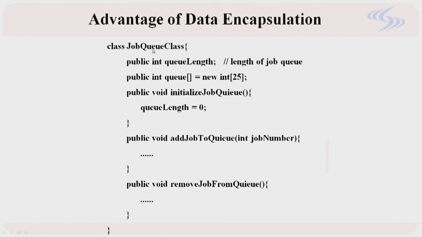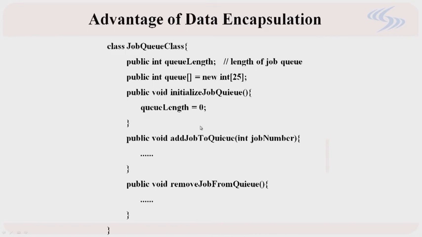This is Java code for the job queue. The class name is JobQueueClass, with some attributes. The queue here is defined as an array, and another attribute is the length of the queue. And there are three methods: initialize job queue, add job to queue, and remove job from queue.